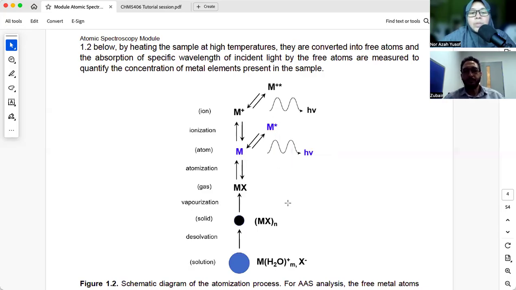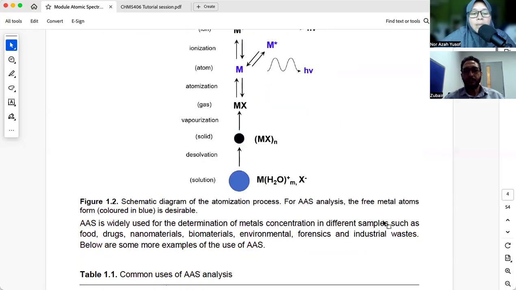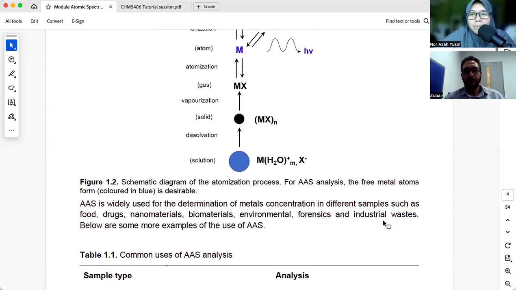Okay, so this is generally what you have at the beginning. So the solution requires some vaporization into gaseous form and atomization. The atomization requires flame. So one of the important parts in atomic absorption spectrophotometry is the flame atomizer.